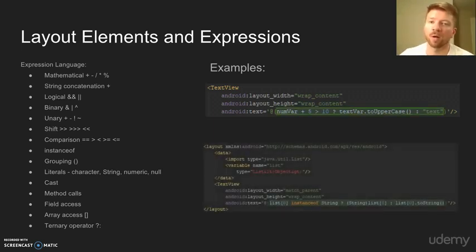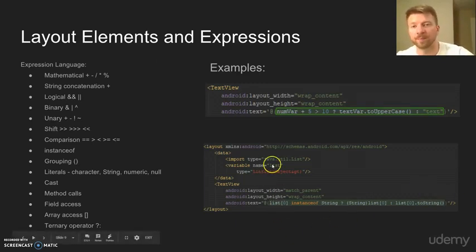Here's an example of us using a list. So to define a generic list, unfortunately, we can't put the proper less than and greater than signs around the generic type, but we'll have to use the encoded values of them.